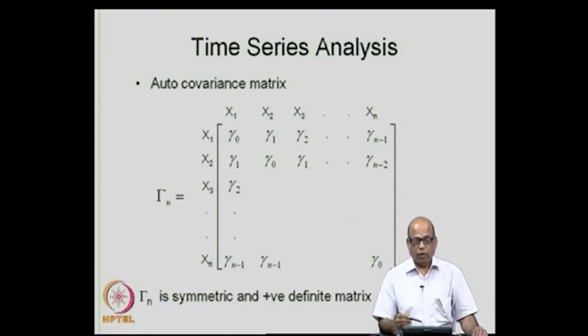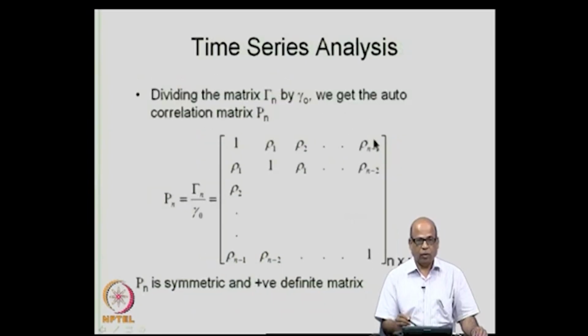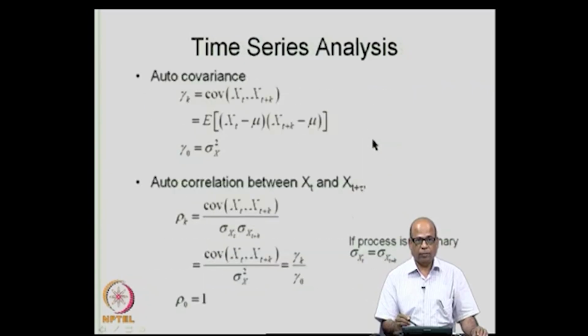We form the autocovariance matrix by writing x 1, x 2, etcetera x n. These are the n random variables across n time steps, and here again x 1, x 2, etcetera x n along the rows. So, we write the elements of this matrix as consisting of the covariance between x 1 and x 1, which is gamma naught, x 1 and x 2, which is gamma 1, x 1 and x 3, which is gamma 2, and so on, x 1 and x n, which will be gamma n minus 1, going by the definition here.